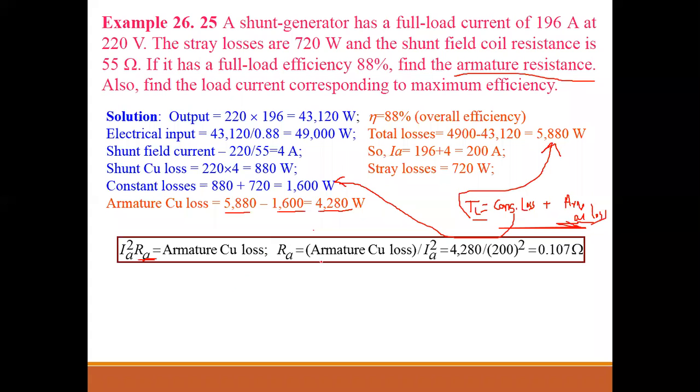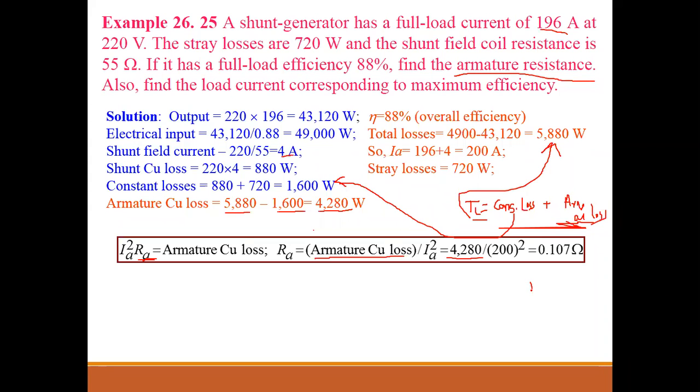So Ra is equal to armature copper loss divided by Ia square. Now armature copper loss is 4280, and Ia is the armature current. How will we calculate the current Ia? We have calculated the shunt field current, which is 4 ampere. We know that the full load current is 196.